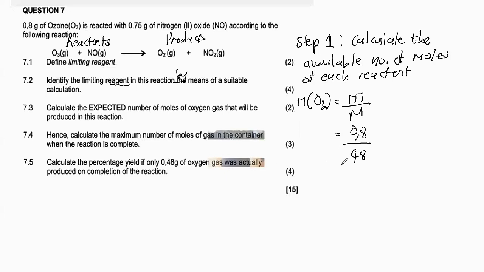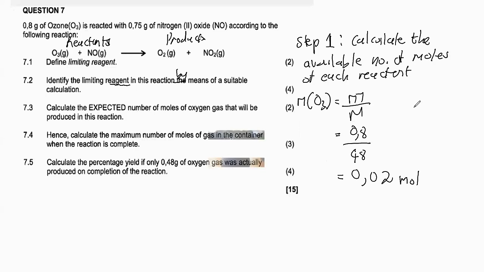Then we have 0.8 divided by 48, which gives 0.016, so if we round off to 2 decimal places, that's 0.02.